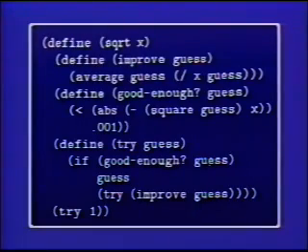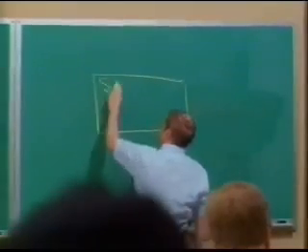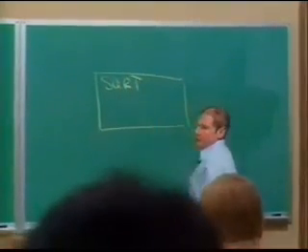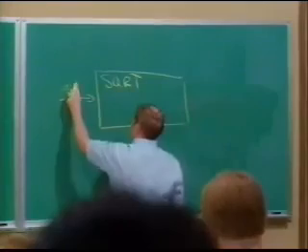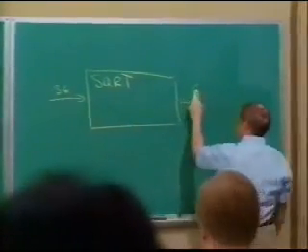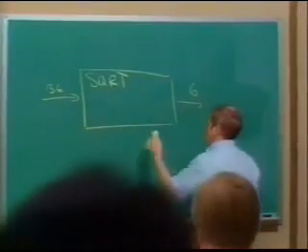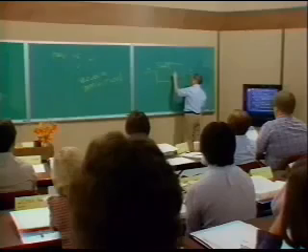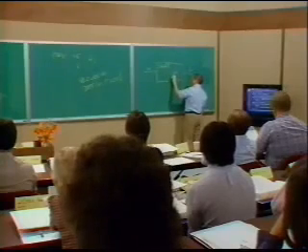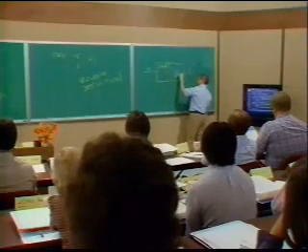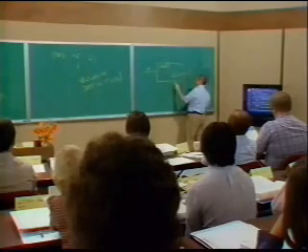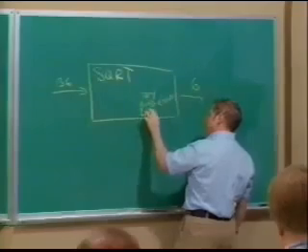I built a box that's this square root procedure that someone can use. They might put in 36 and get out 6. And then packaged inside this box are the definitions of try and good enough and improve.